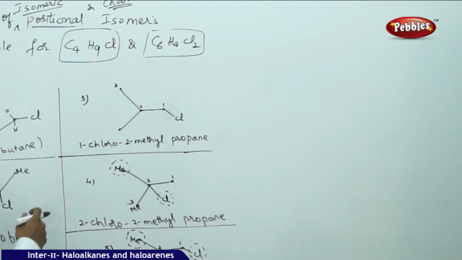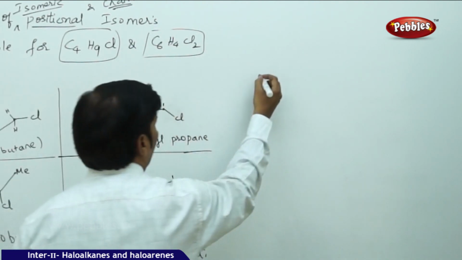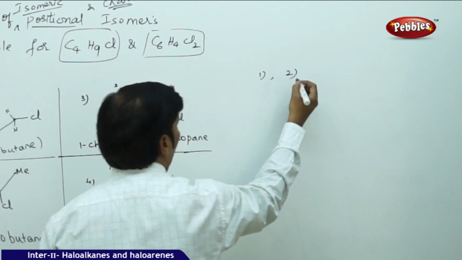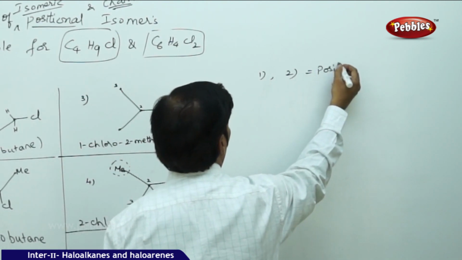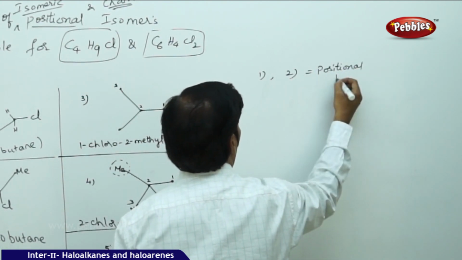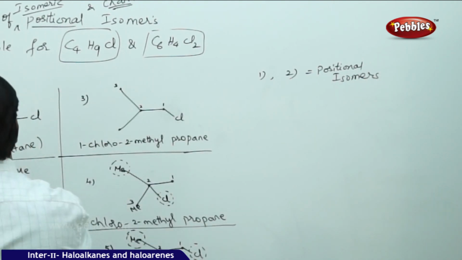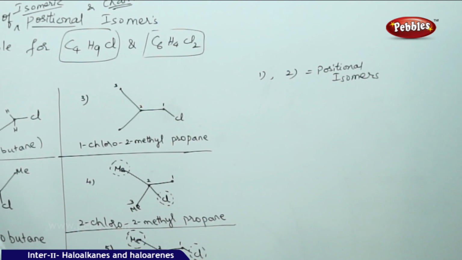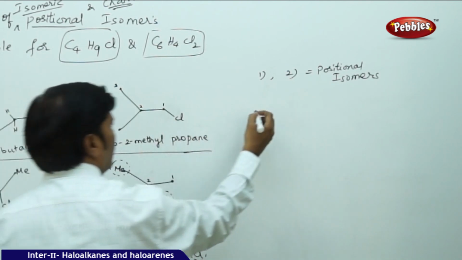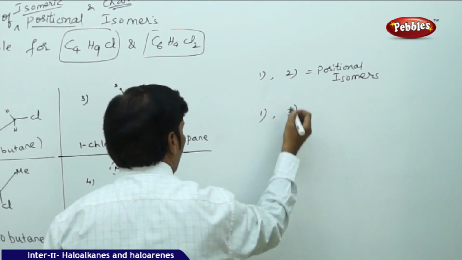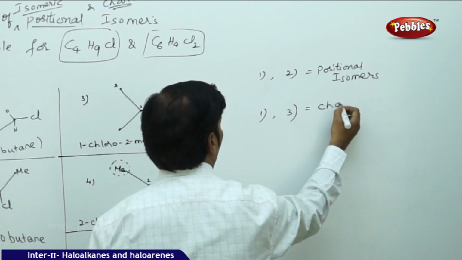So that means here if you take 1 with respect to 2, 1 and 2 are definitely positional isomers. Again 1 with respect to 2 are positional isomers, and 1 with respect to 3, 1 and 3 are chain isomers.